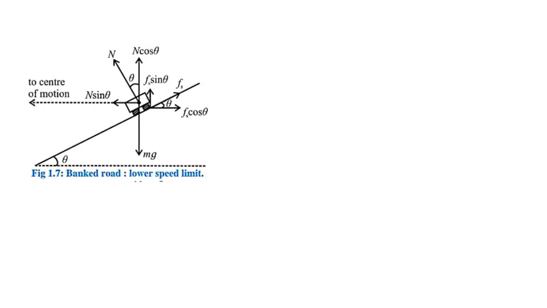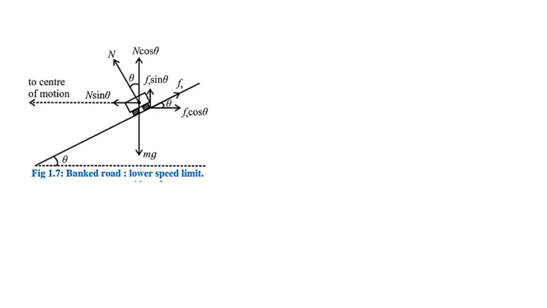Its components are Fs cos theta, which is exactly opposite to n sin theta, and Fs sin theta is along n cos theta. So have a look at the forces acting opposite to mg. We have n cos theta and Fs sin theta. N sin theta and Fs cos theta are exactly opposite, right?